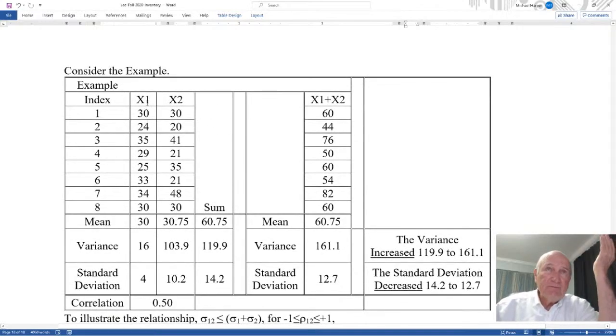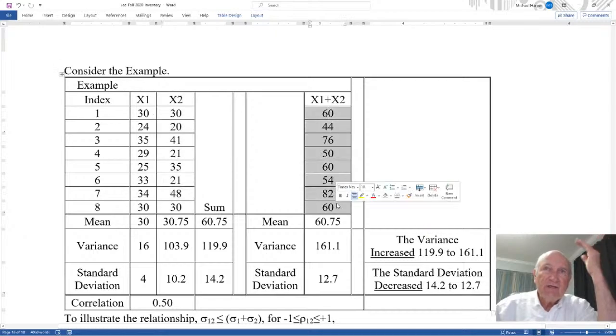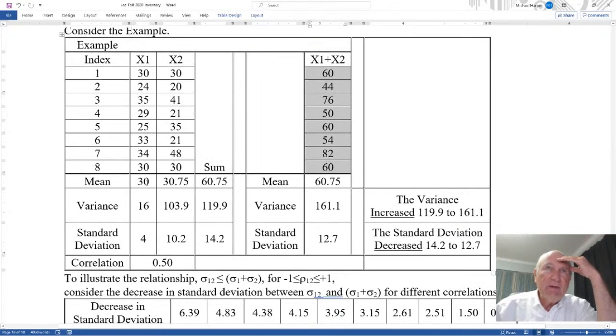I give an example over 8 weeks, let's say. Here's my demand stream. It's random. Here's my other demand stream. It's random. But then I combine the two, and I have that demand stream. I take the mean, variance, and standard deviation of each one of these, and the mean, variance, and standard deviation of the combined.